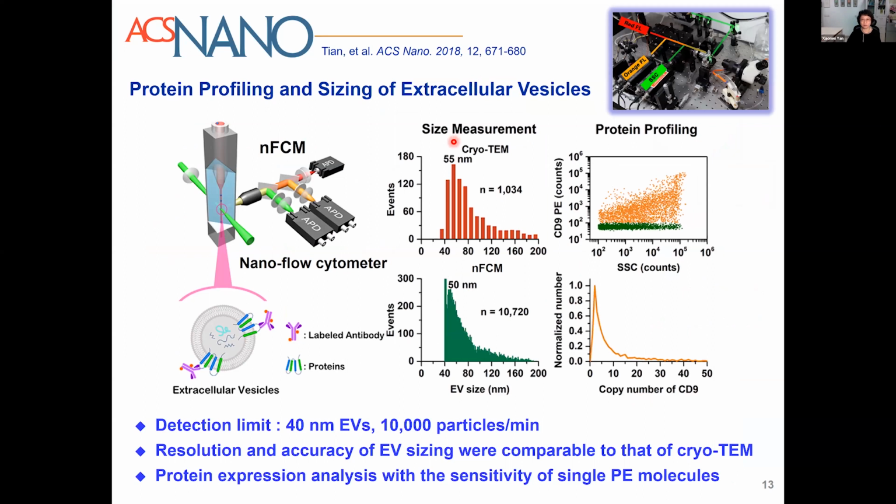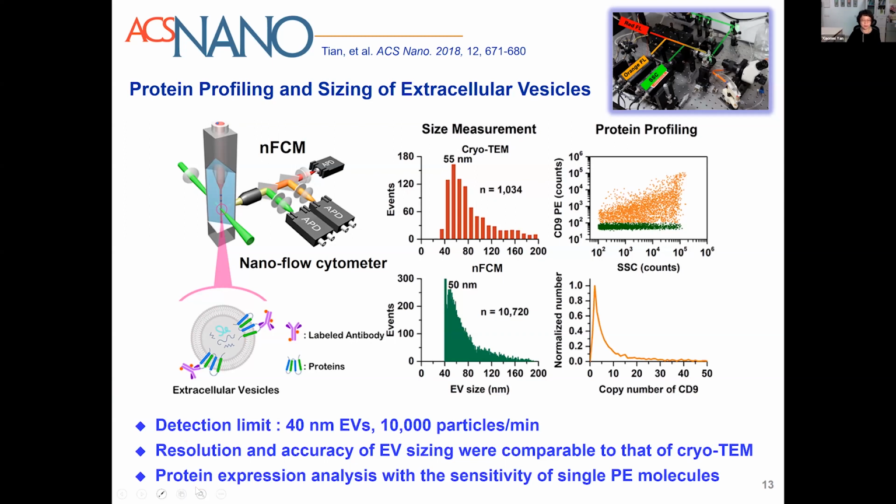So in the case of EV analysis, we reported protein profiling and sizing of single EVs as small as 40 nanometer, and the analysis rate was up to 10,000 particles per minute. And the resolution and accuracy for EV sizing was comparable to that of cryo-TEM, but is more statistically representative.